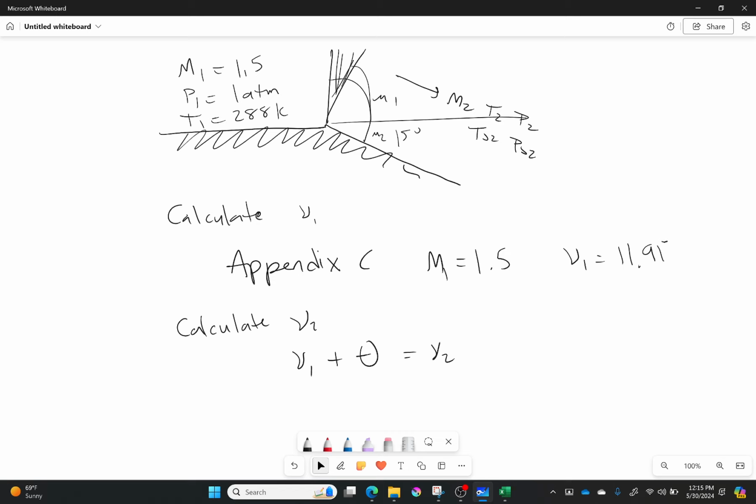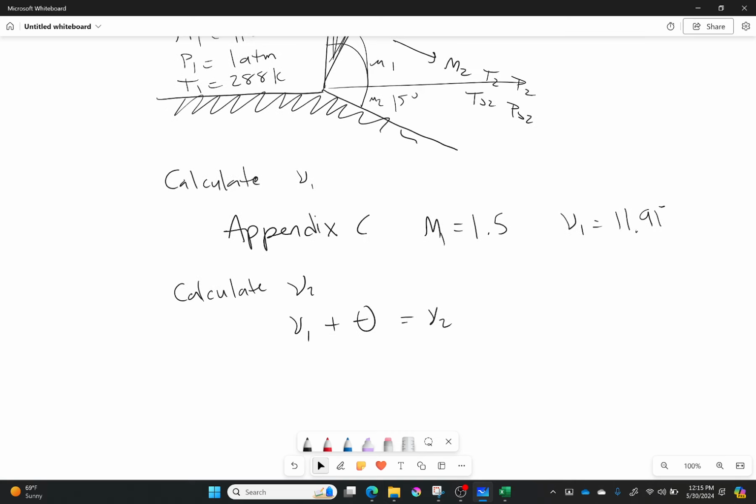Is it always that? Yes, yes it is. It's really that simple. So I have a deflection angle of 15 degrees, so I have 11.91 plus 15 degrees. What does that come out to be? That comes out to be 26.91 degrees. And that is equal to nu2.